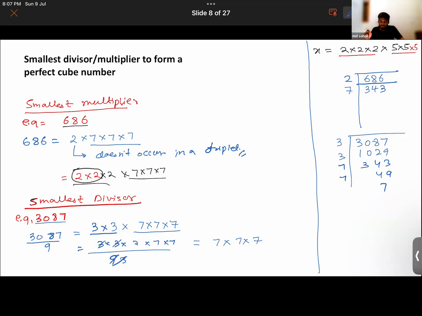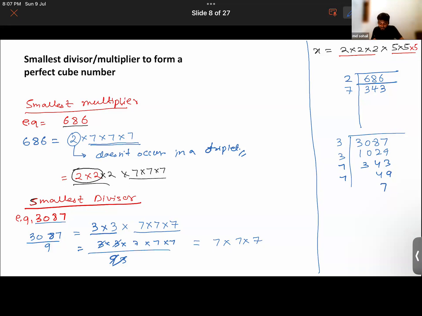Okay. So this number 686 here, we were multiplying it with 4, right? But it can be divided by 2 as well. That will eliminate 2 from here and you are left with 7s only. Same is for 3087 also.